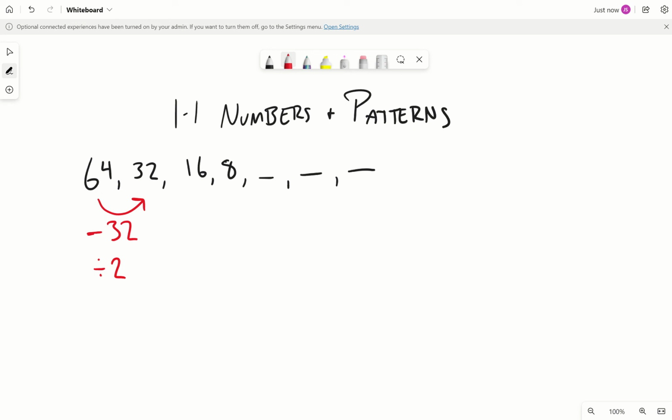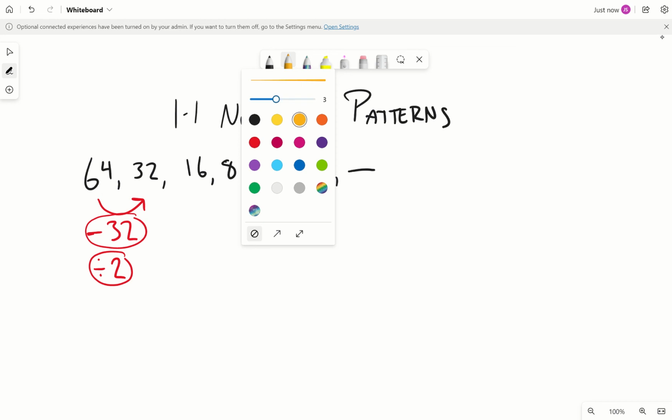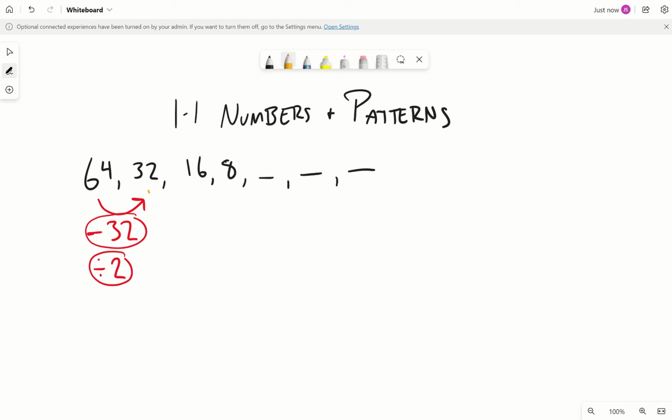Now, to identify a pattern, I want to see, what am I continuing to do? Which of these two things am I going to continue to do in my next grouping of my pattern? When I go from 32 to 16, am I still minusing 32?